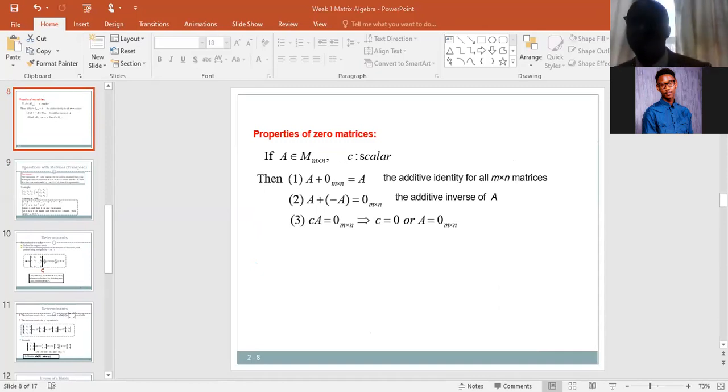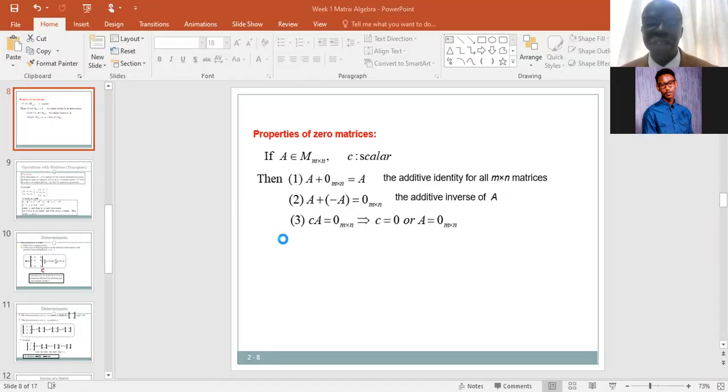So what are these diagonals? I'll show you in a minute. Let me just open Excel so that you can see what a square matrix is, what an identity matrix is. Now, I'm sharing Excel.